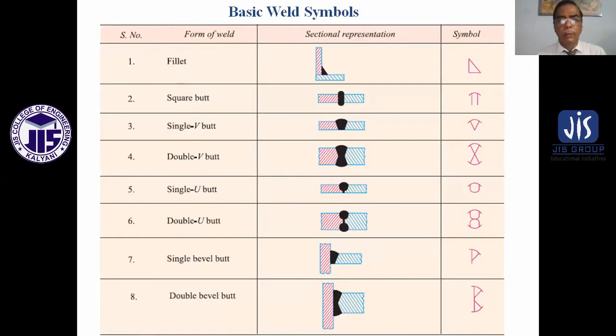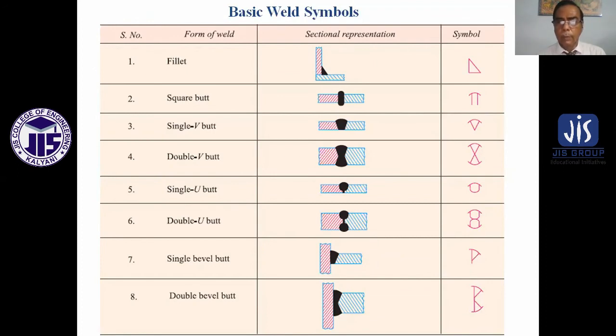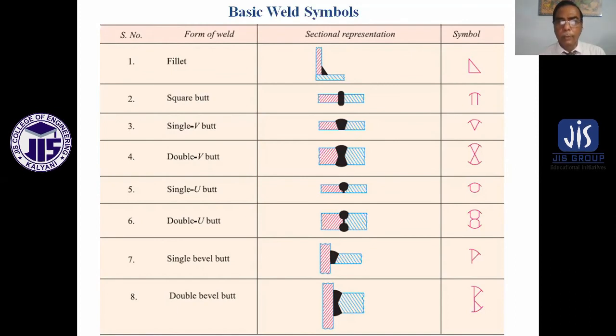Basic welding symbols. These symbols are used by the welding design engineer in the drawing sheet and design, so that the shop floor engineer can see the type of welding he has to perform by seeing the symbols.